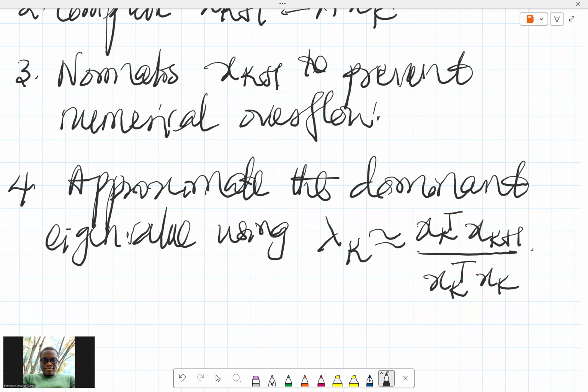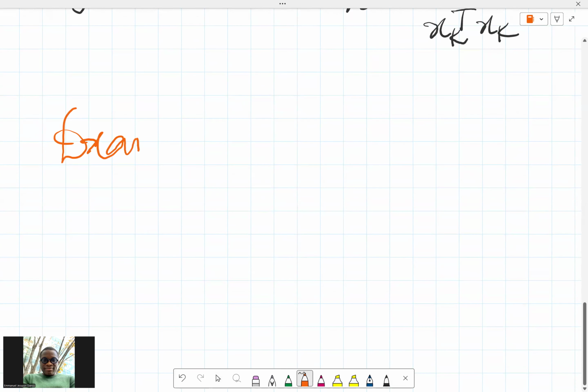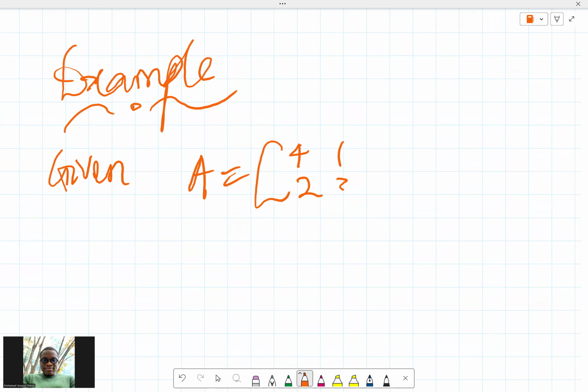Let's take a practical example of this. Given A, which is [4, 1; 2, 3].